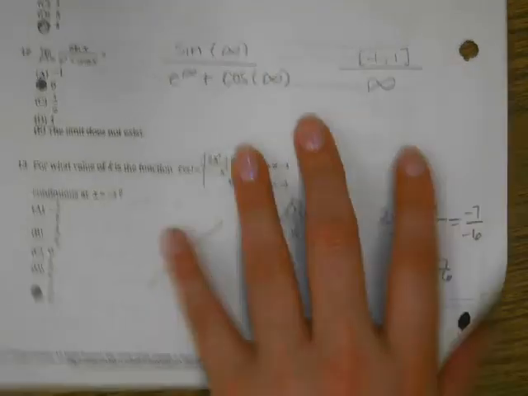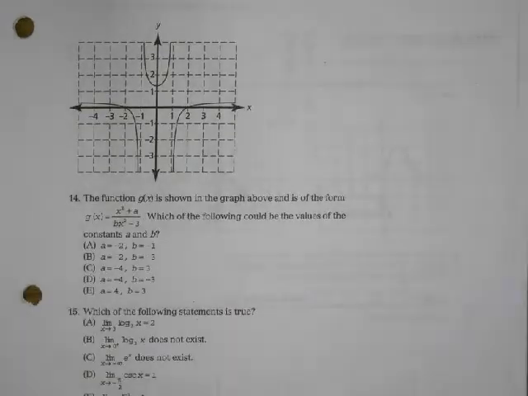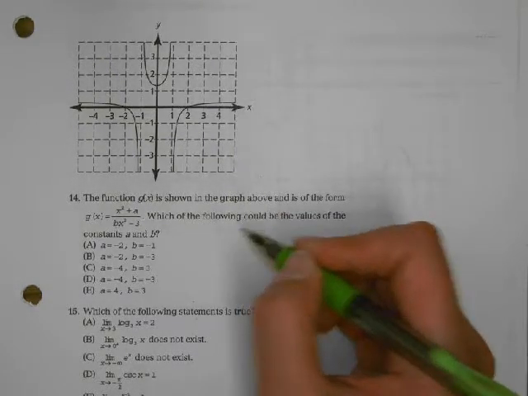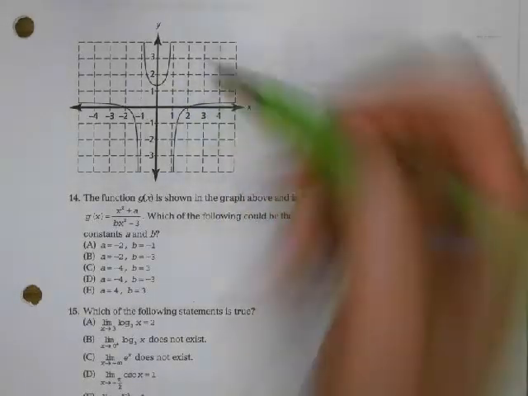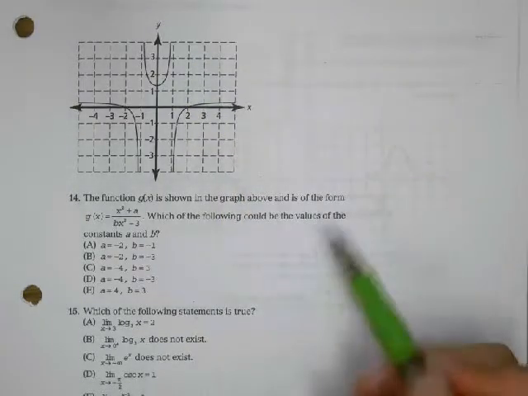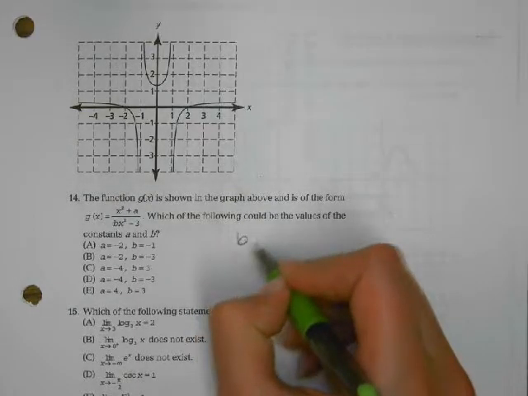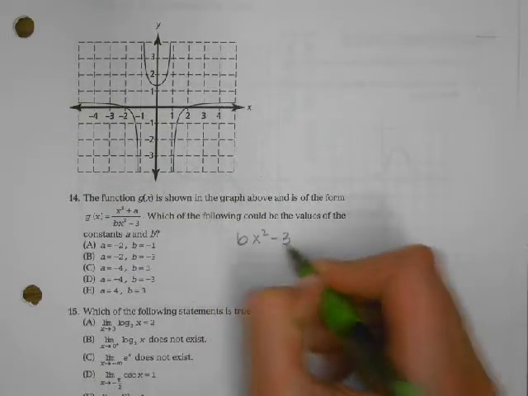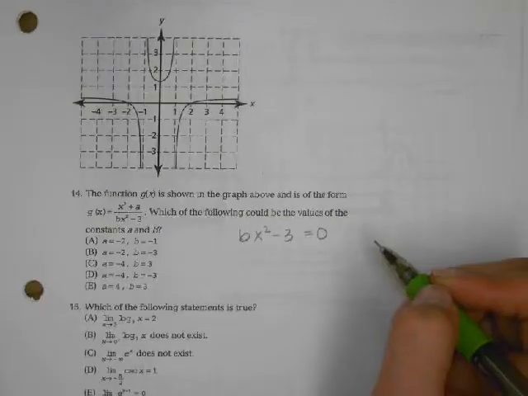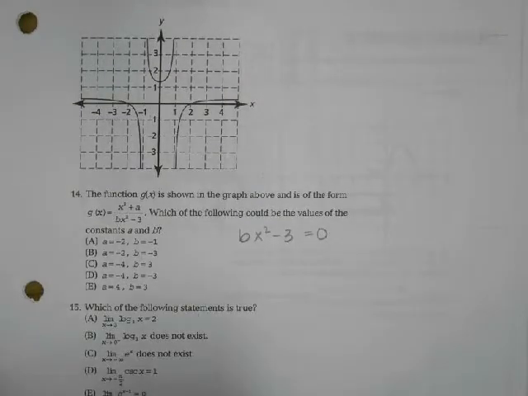All right, next page. So this one says, which of the following could be the constants a and b? So here we know that we've got some vertical asymptotes, and I know that those come from factoring the denominator. So I'm going to go ahead and write down, I've got b times x squared minus 3.